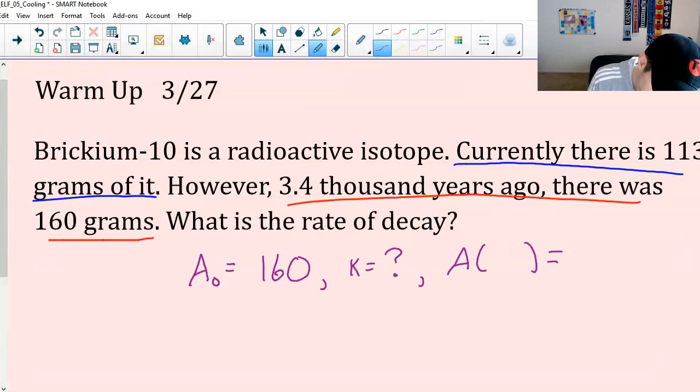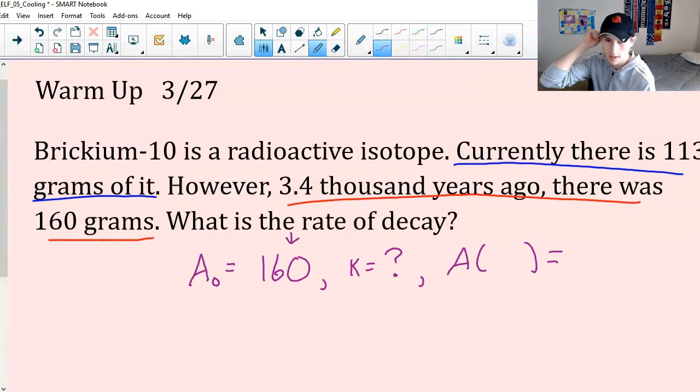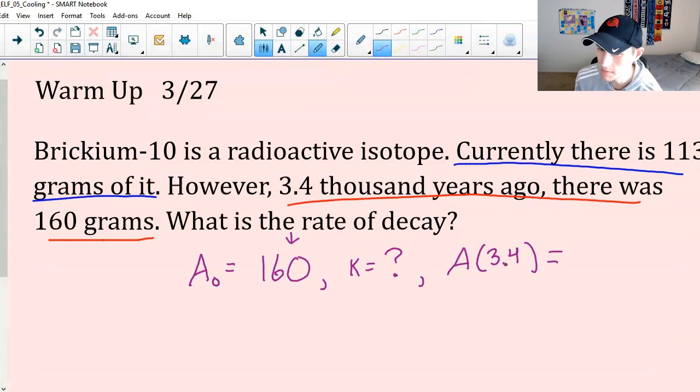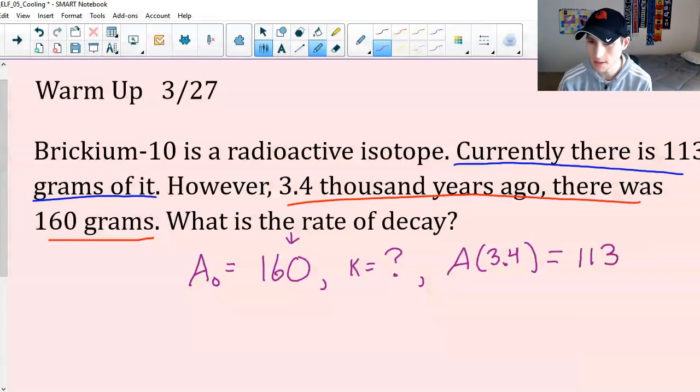If I'm imagining starting in the past, whenever there was originally 160, and then 3.4 thousand years went by, so if I plug in 3.4 to whatever the equation is, I know I would get 113, because that's how much is left today.